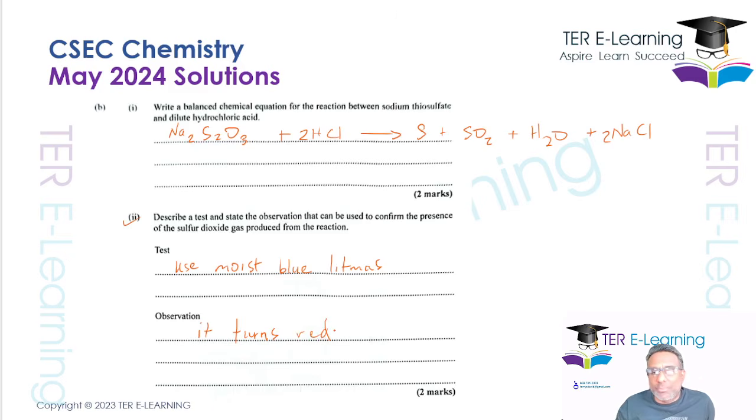We have other options here that we could use, and that includes acidified KMnO4, acidified potassium manganate(VII). And what's going to happen? It's going to turn colorless. So the observation will be turns colorless.